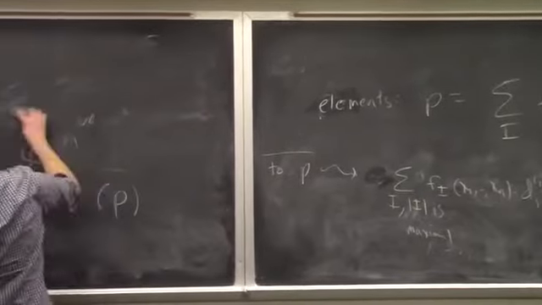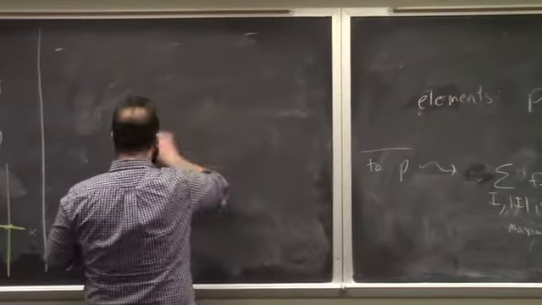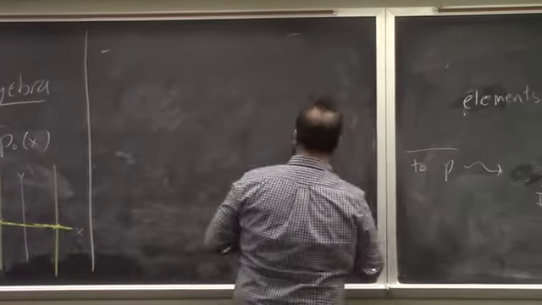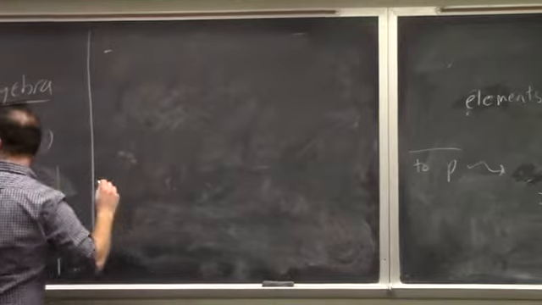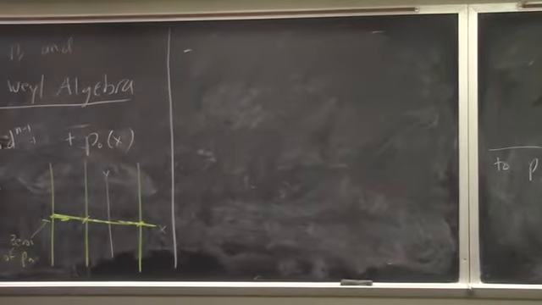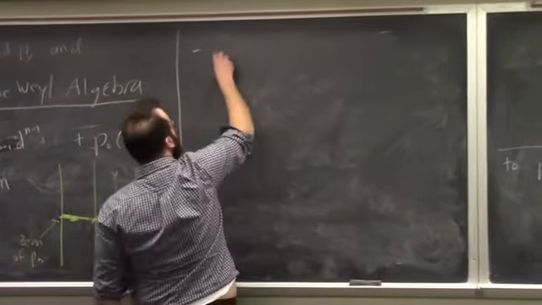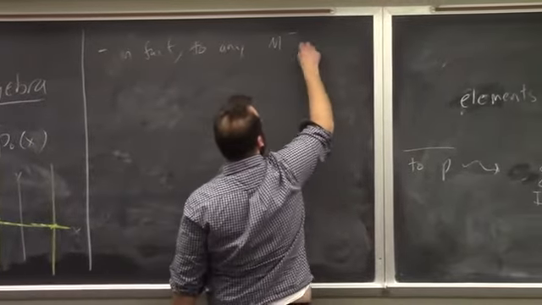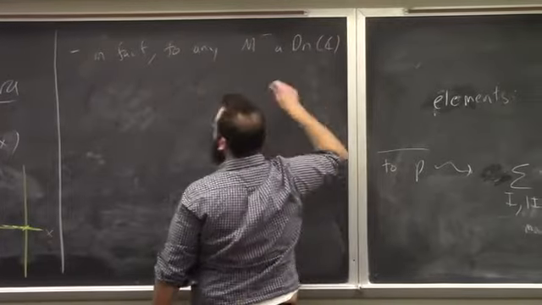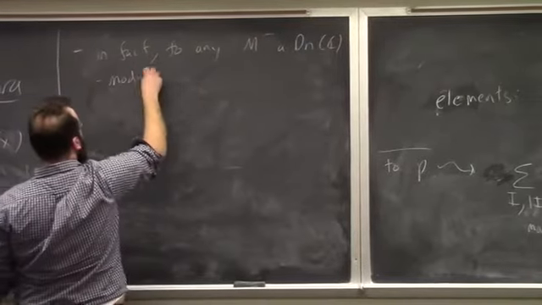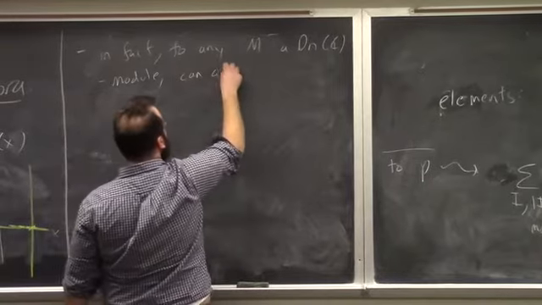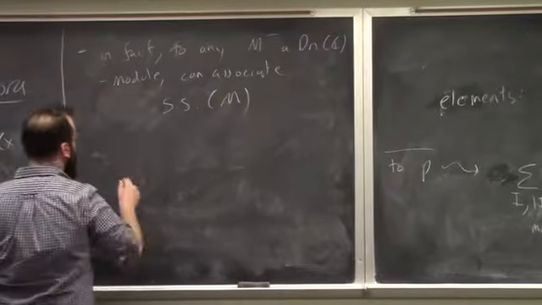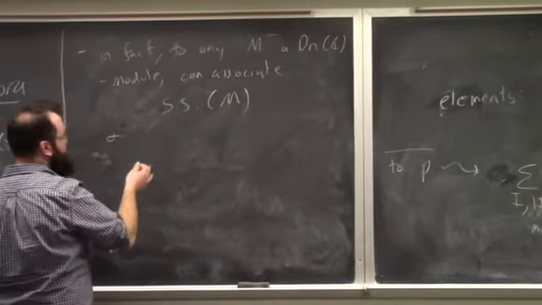And it is a fact that this algebraic variety that I've constructed here is an invariant only of the associated Dn module. So remember, I told you how to construct something from a differential operator like this, but in fact, to any Dn module M, I can associate this SS of M, and it's well defined.